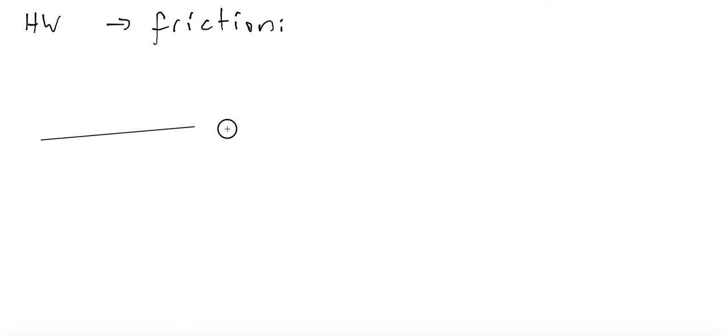Okay, so homework related to friction. Just one simple exercise, very similar to the one we've calculated. Let's again imagine that we have a flat surface on which an object is located.